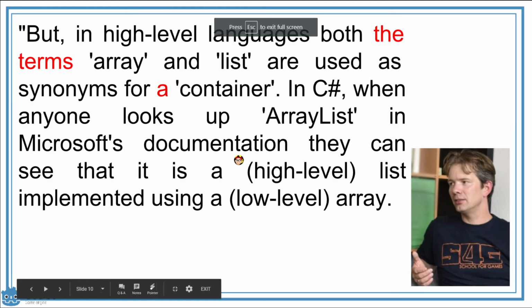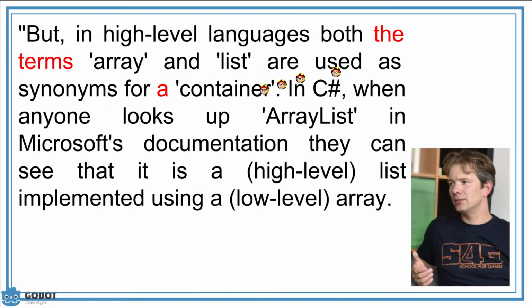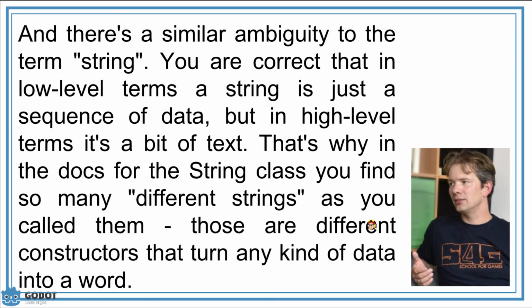Anyway, but in high-level languages, both the terms array and list are used as synonyms for a container. In C#, when anyone looks up ArrayList in Microsoft's documentation, they can see that it is a high-level list implemented using a low-level array. Pretty snazzy stuff, huh?